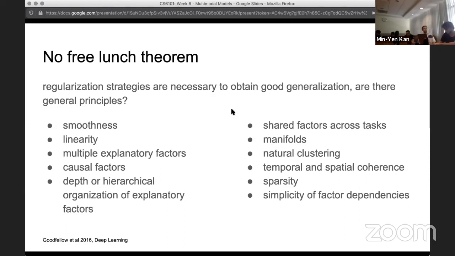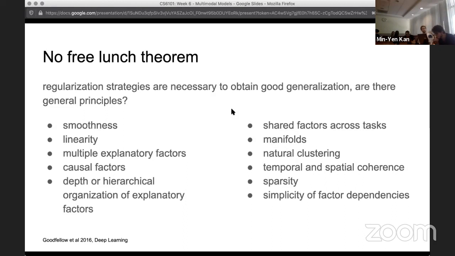Some ideas are that a good representation might be one that is smooth, so that if you present different concepts, you change smoothly from one to another, as opposed to one-hot encoding. It might also be that linear representations are something you care for.